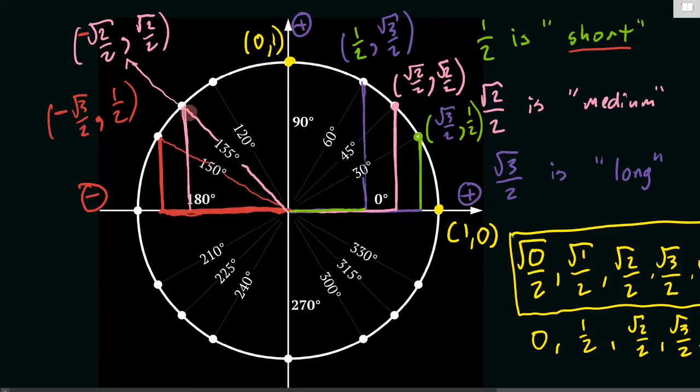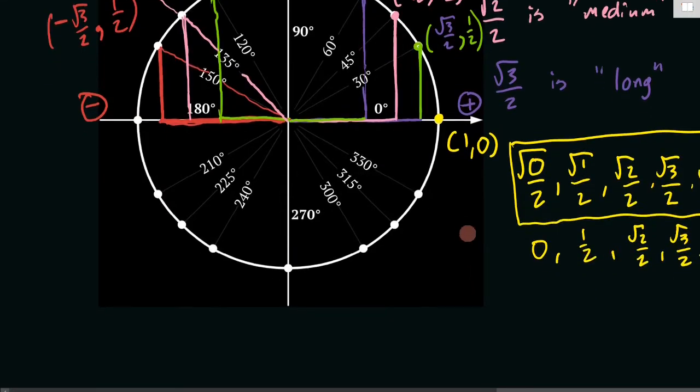And it's positive in the y because it's going up. And this point up here is short in the x and tall in the y. So 120 degrees is negative short, and the y is positive tall.